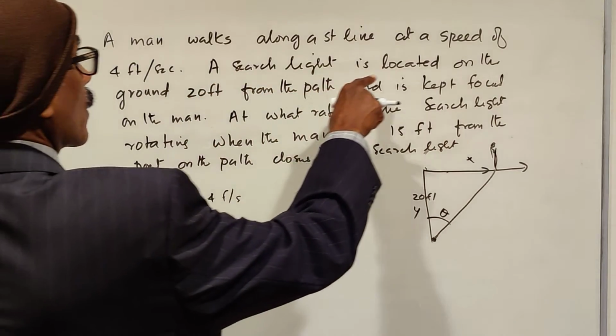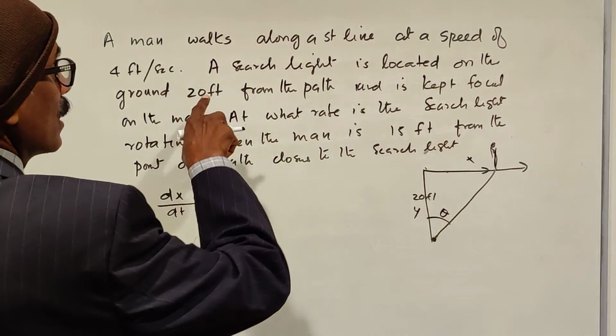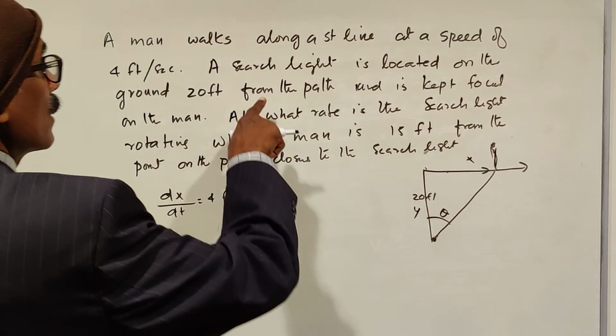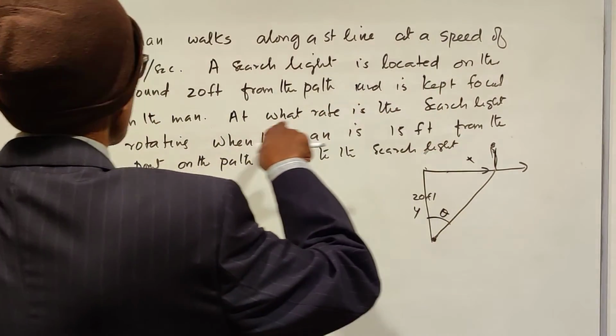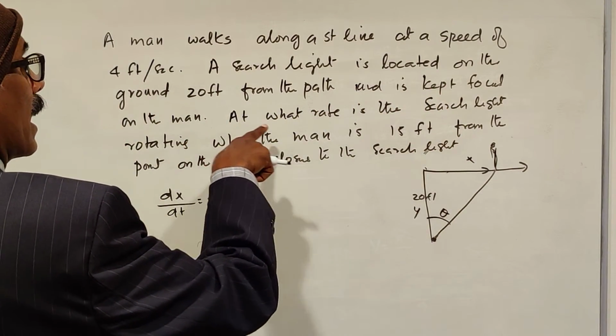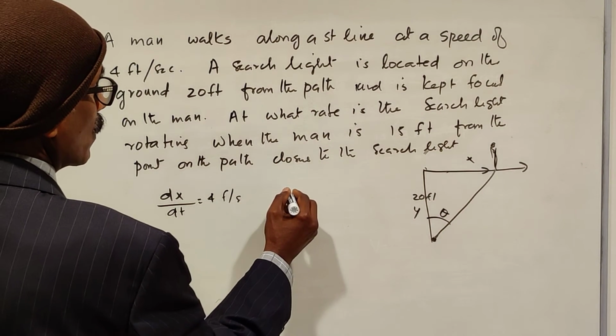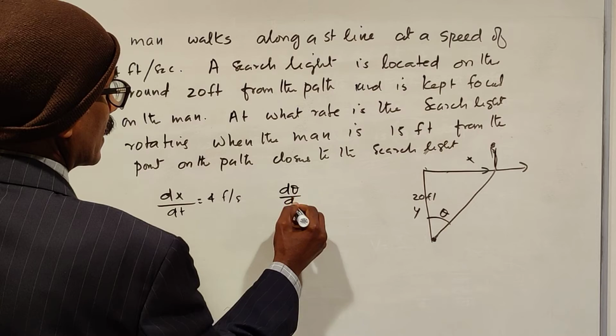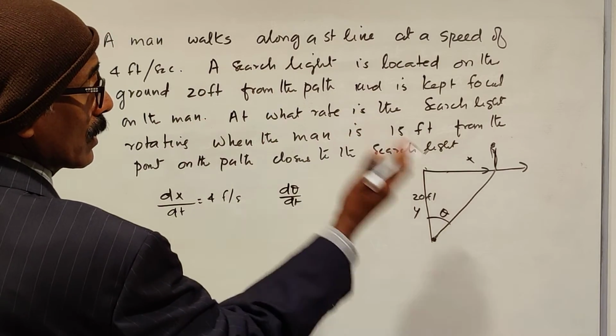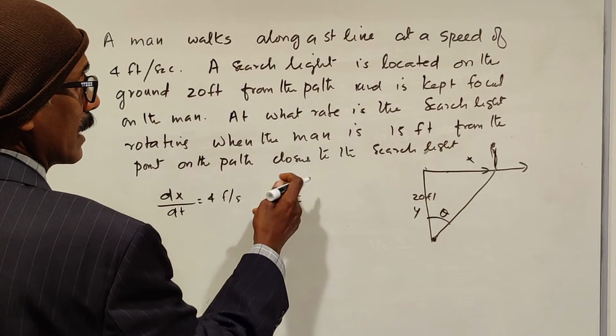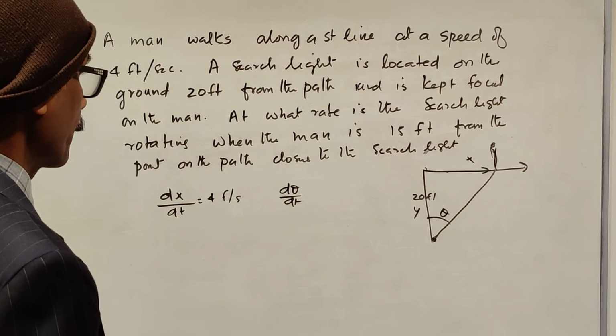A searchlight is located on the ground 20 feet from the path and is kept focused on the man. Okay. At what rate is the searchlight rotating? We need to find out d theta by dt, the rotating speed, that is angular velocity. Okay.